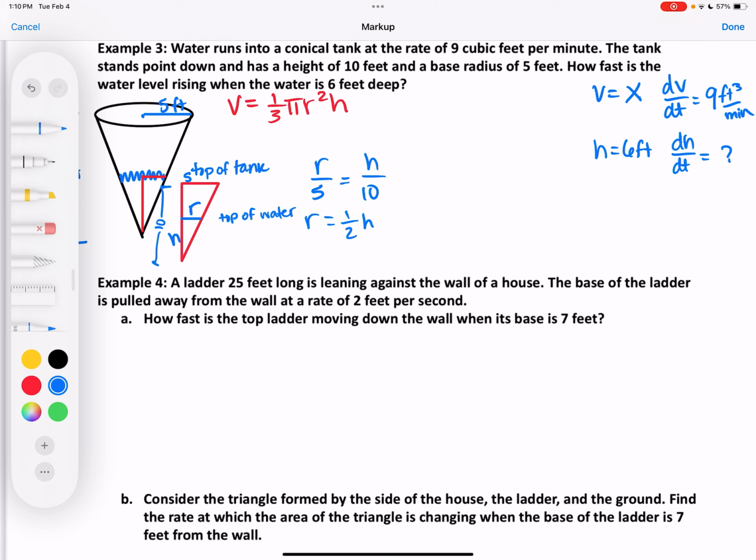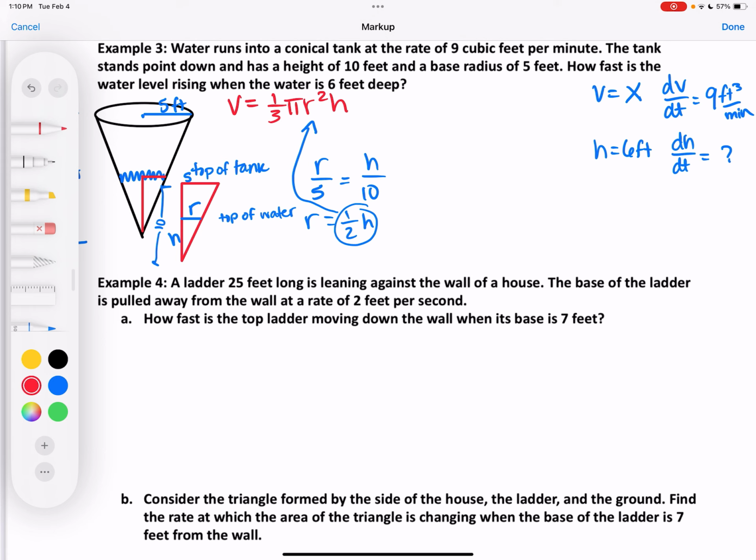So I'm going to use this in my original formula for r, so that I'm only dealing with one variable, which is another thing that we often end up doing. Unless they give us all the information, a lot of times we're going to be rewriting things in other variables.